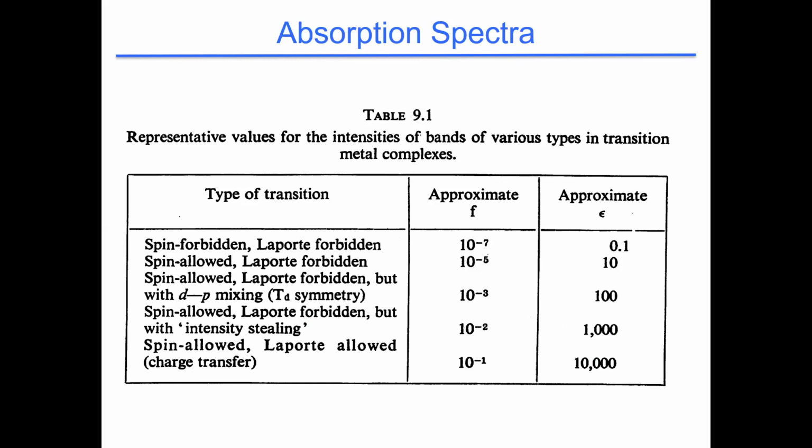As you start to remove these selection rules, the transitions will grow in intensity. And finally, the spin allowed and Laporte allowed transitions, as well as charge transfer bands, will have the highest intensity.